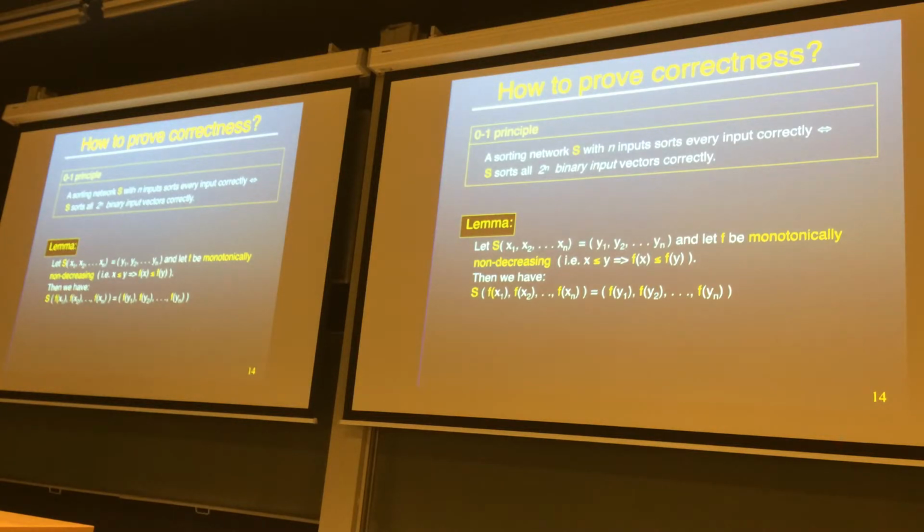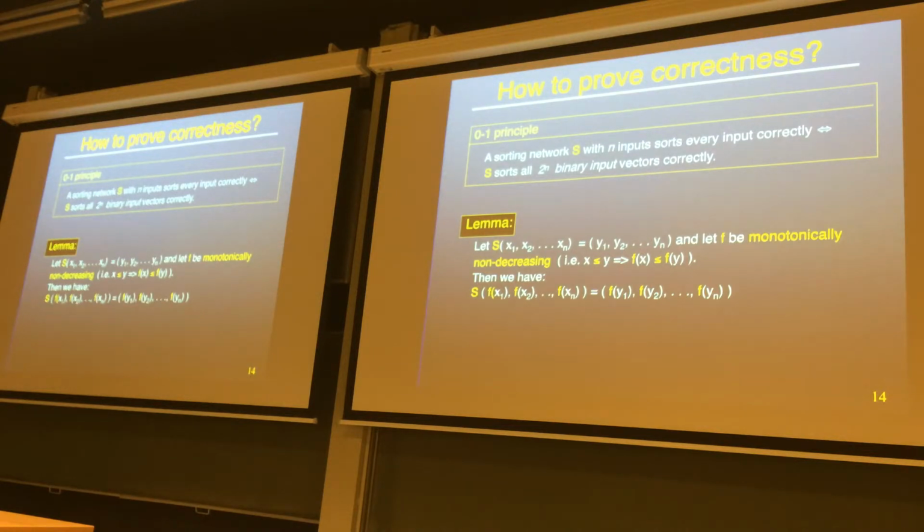And this lemma says that, if you have a sorting network S, and you apply it to an input vector x containing n inputs, and you achieve an output y1, y2, yn, and you have a function f that's monotonically non-decreasing. So if you have two numbers x and y, and x is not larger than y, then the same holds for f(x) with respect to f(y).